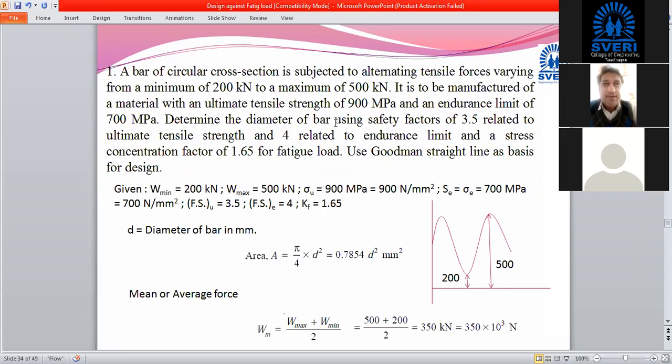Determine the diameter of the bar using a factor of safety of 3.5 related to ultimate tensile strength and 4 related to the endurance limit.